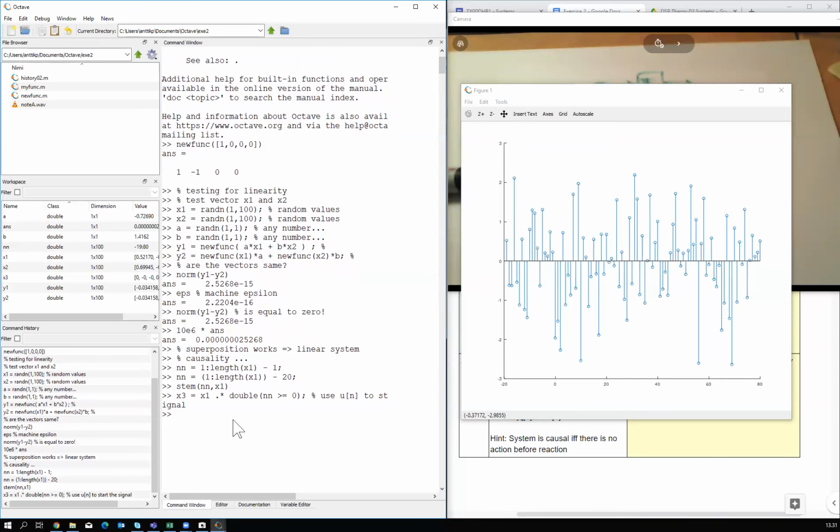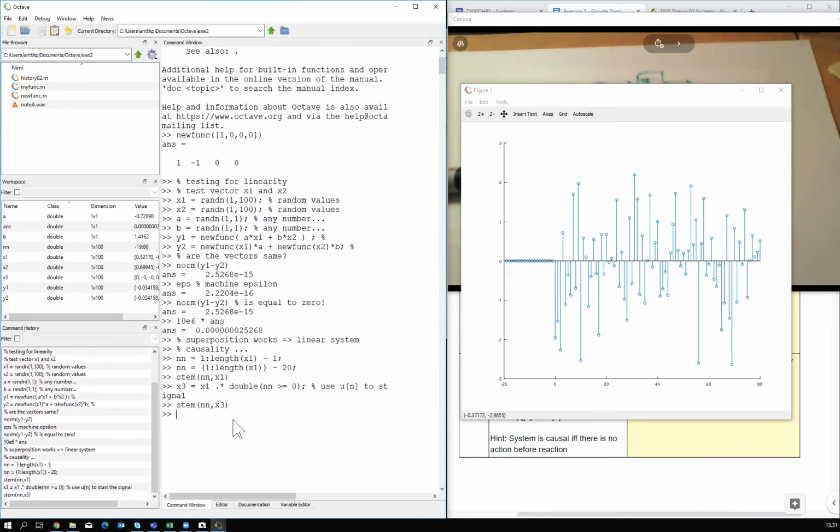All right, so stem x3. Okay. Now we feed this test vector into the system: y2 equals the function of x3, right there.